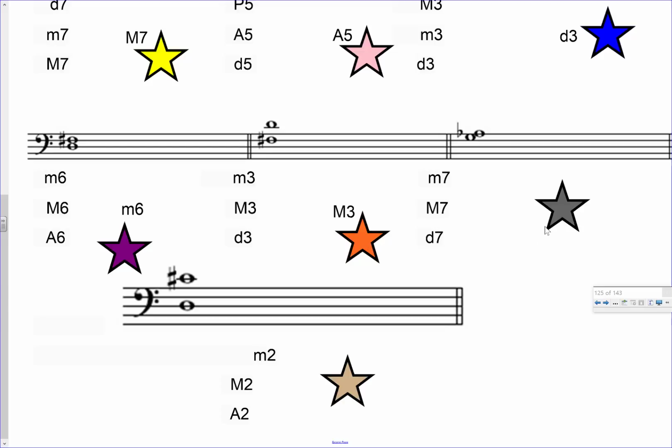The next one, G to A flat, minor second, A flat up to G, major seventh. And for the last one, D to C sharp, take the D, move it up an octave, C sharp to D is a minor second.